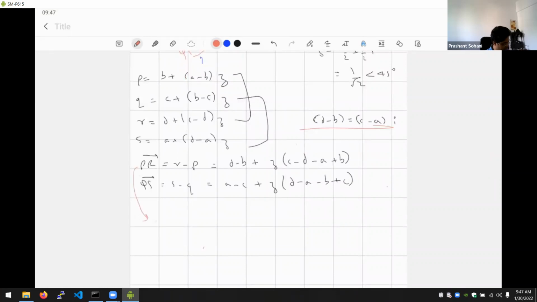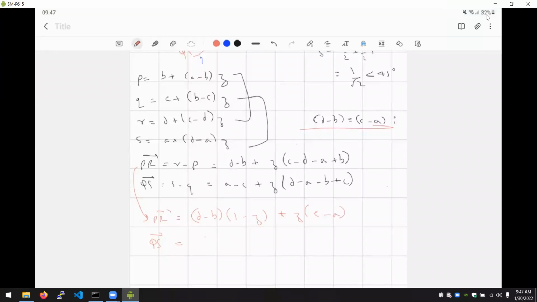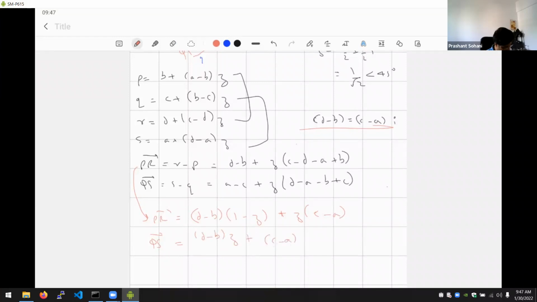So I can continue to write PR as D minus B in one bracket, and inside what will I get? 1 minus z plus z times C minus A. And similarly QS, what can I write QS as? Again, I could write it as D minus B times z plus C minus A times, I guess, z minus 1. Yes, sir.